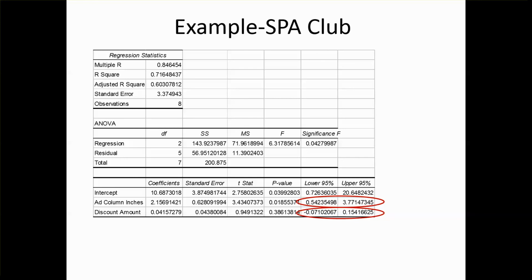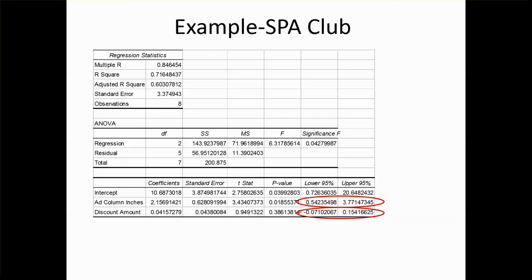We will find the confidence interval for the partial coefficient from the same old place as where we found it in a simple linear regression model. That is coming from the third part of the regression output, the regression equation. The last two columns, lower 95% and upper 95%, are the confidence interval for the partial coefficient.